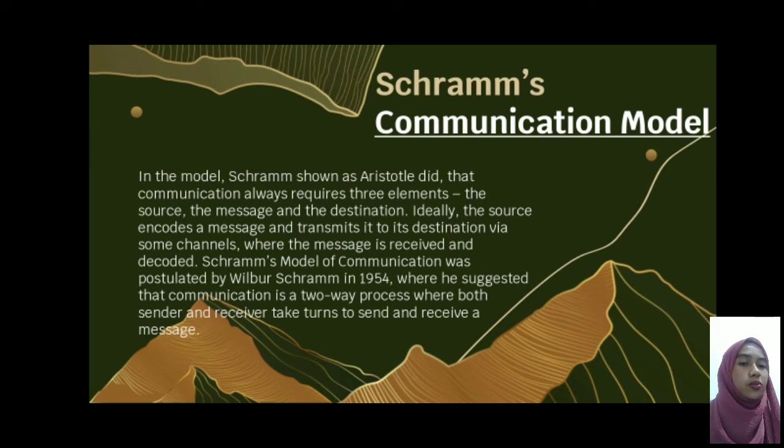Schramm's model of communication was postulated by Wilbur Schramm in 1954, where he suggested that communication is a two-way process, where both sender and receiver take turns to send and receive a message.